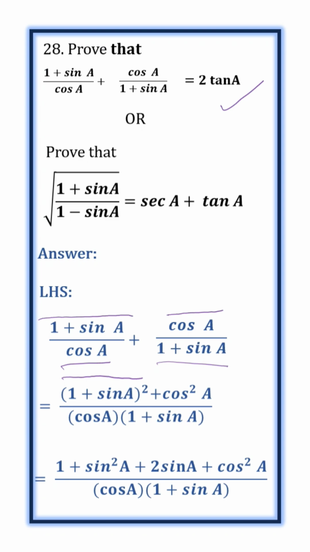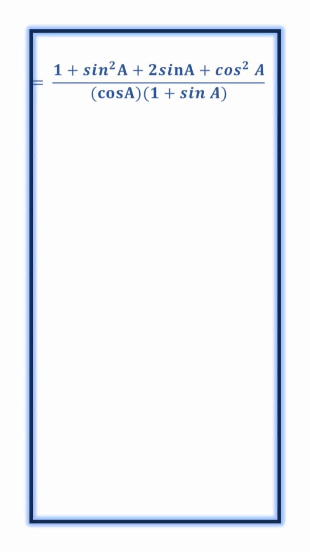This one has been written as such, here upon cos A into (1 plus sin A). So 1 plus sin square A plus 2 sin A plus cos square A upon cos A into (1 plus sin A).